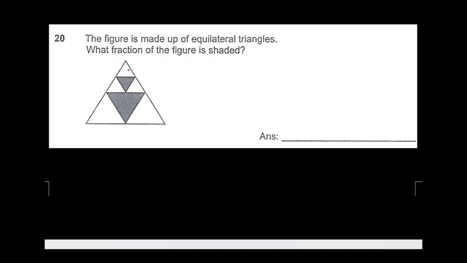If I draw it this way, this way, and this way, you count 1 2 3 4, there are 4 triangles on top. 1 2 3 4, there are 4 triangles below. 4 on the left, and 4 on the right. So in total there are 16 triangles. How many of them are shaded? 1 2 3 4 5. 5 of them are shaded. So the answer is 5 over 16.